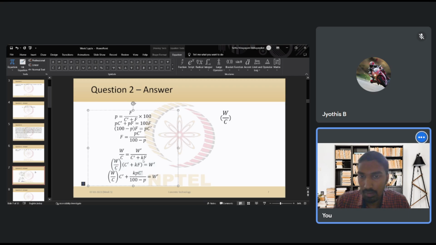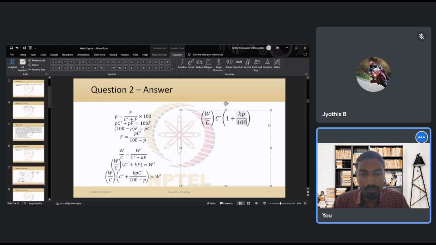So it is W by C times C prime into 1 plus Kp by 100 minus P. So this is equal to W prime. Right, so I have just taken C prime common.